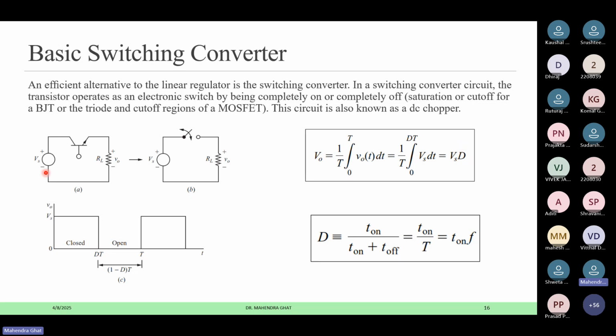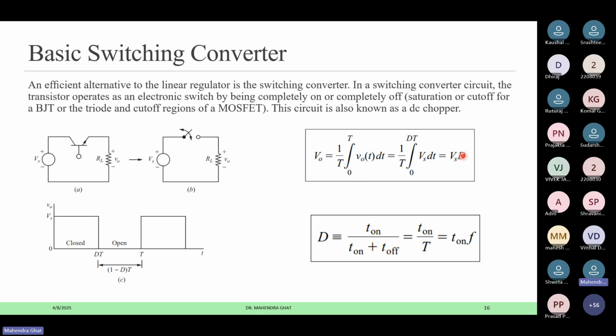So by simply switching on and switching off, you get an output voltage equal to Vs times D. Now if I change the D value, say first I keep D equal to 0, VO is equal to Vs into 0, so you'll get 0 output.